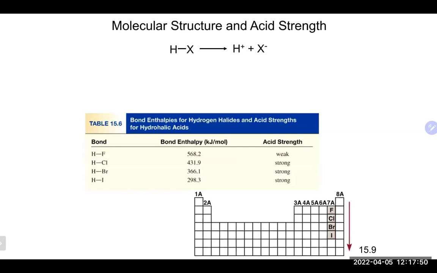So let's talk first about acid strength and how we can compare acid strength between different types of acids.